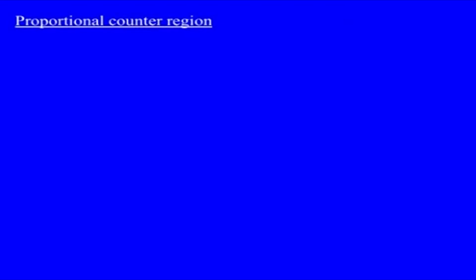Now, as we increase the voltage further, there is the proportional counter region. As the applied voltage increases, the electric field strength becomes strong enough not only to remove the electrons and positive ions of the primary ionization, but also to accelerate them towards the respective electrodes. These accelerated electrons gain relatively higher kinetic energy and produce secondary ionization of the gas in the chamber, resulting in secondary ionization electrons.